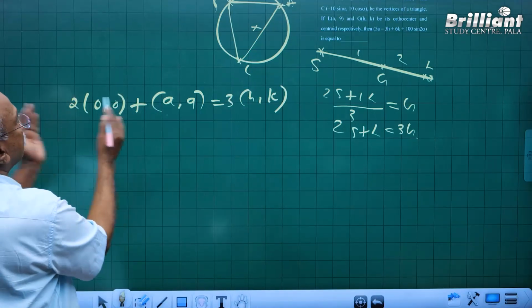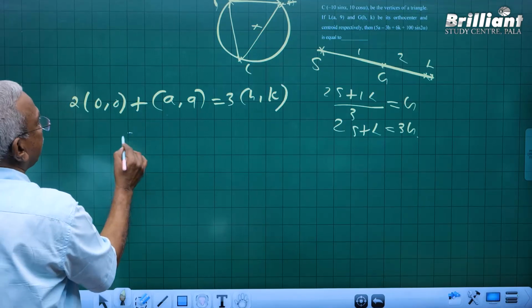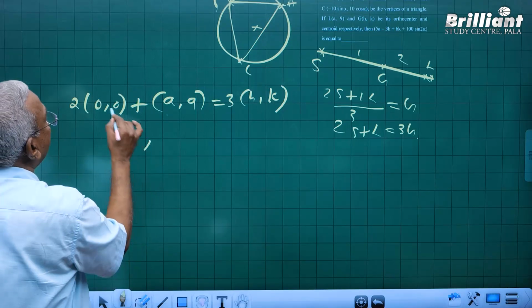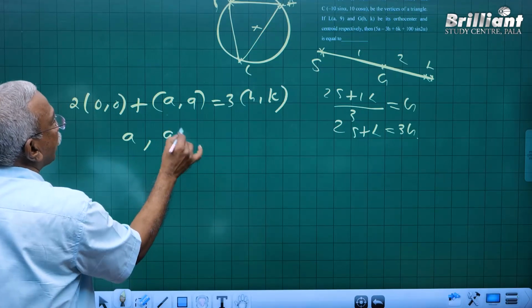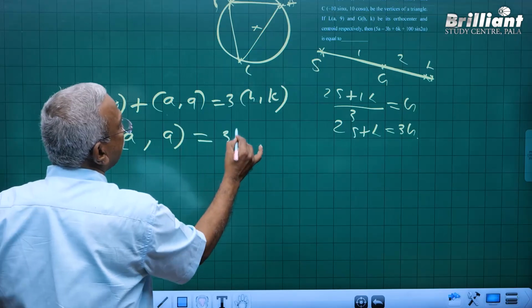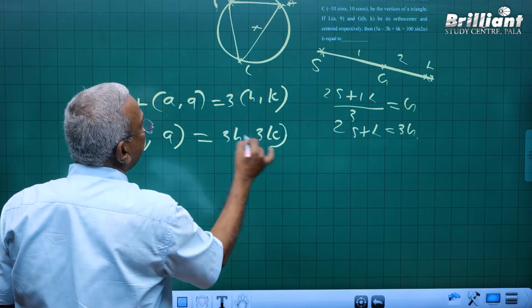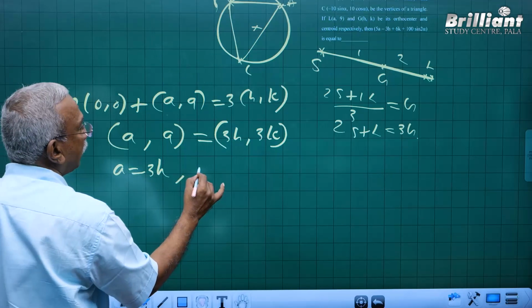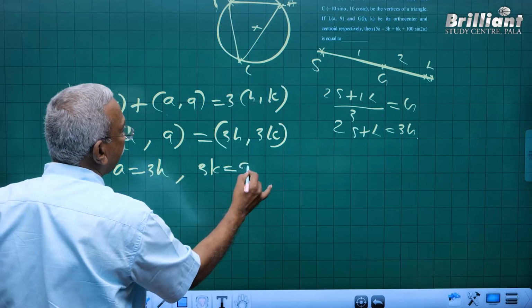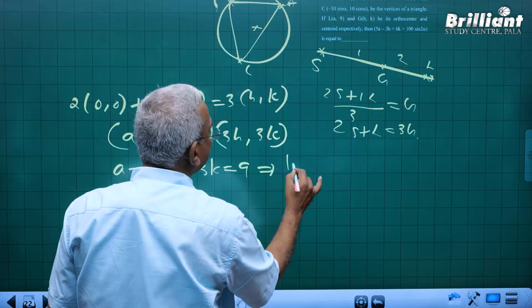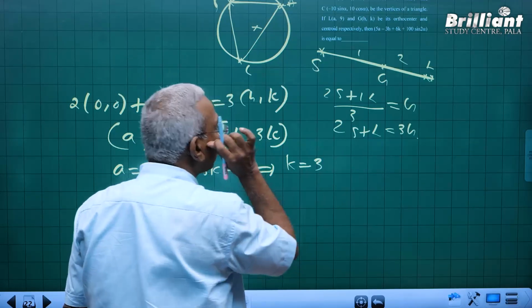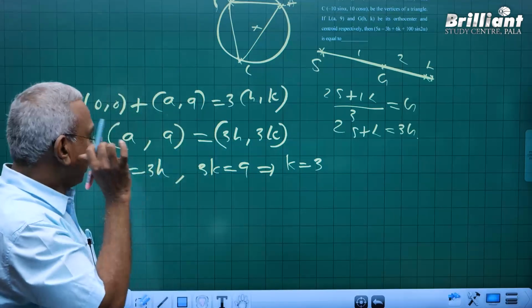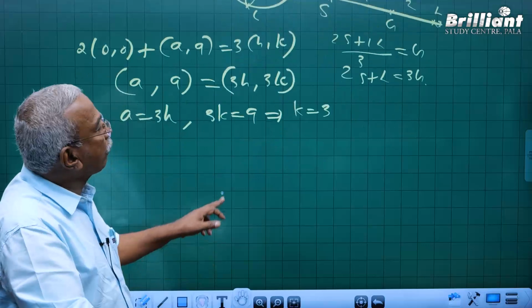You can expand this all: 0 plus a is a, and 0 plus 9 is 9. So (a, 9) is equal to (3h, 3k), which implies a is equal to 3h and 3k is equal to 9, so k is equal to 3. At the same time, there are 3 given points. Then we can find the centroid again.